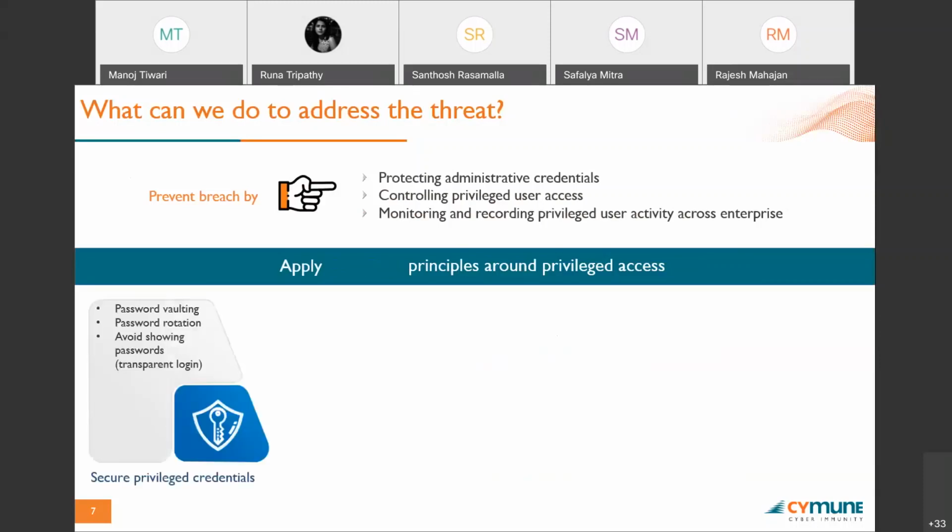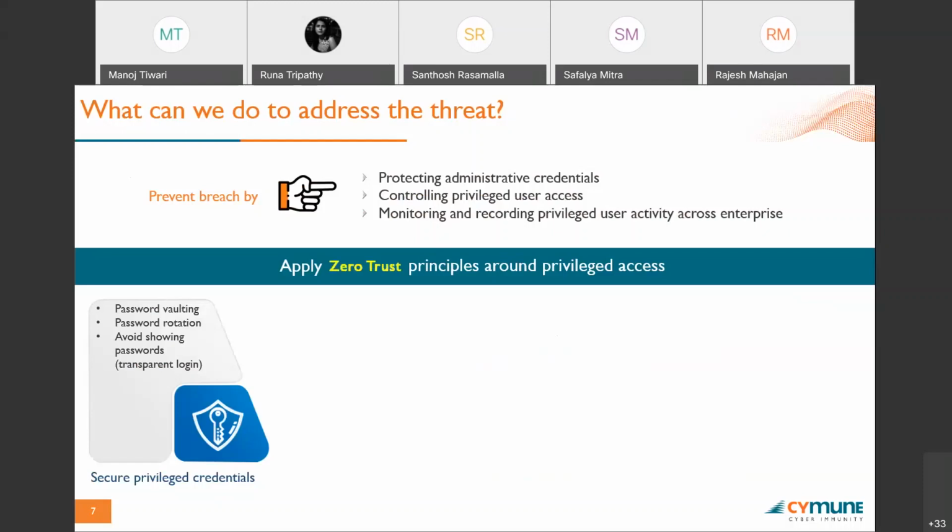The first pillar of zero trust for securing your data could be to secure your privileged credentials. So your privileged credentials should not be known by many people, right? So if it can be vaulted in a system, in a way you're protecting the passwords. In a way you're not showing the passwords to administrators.